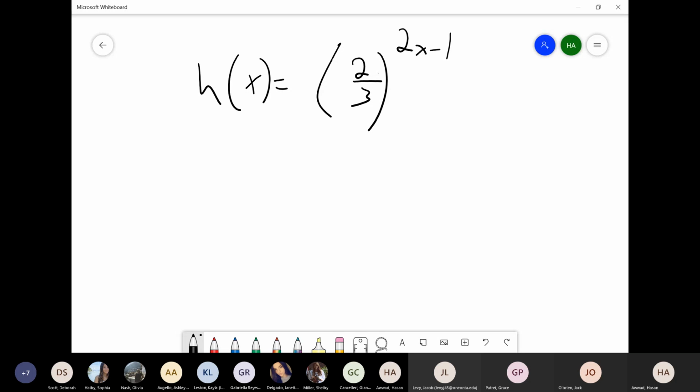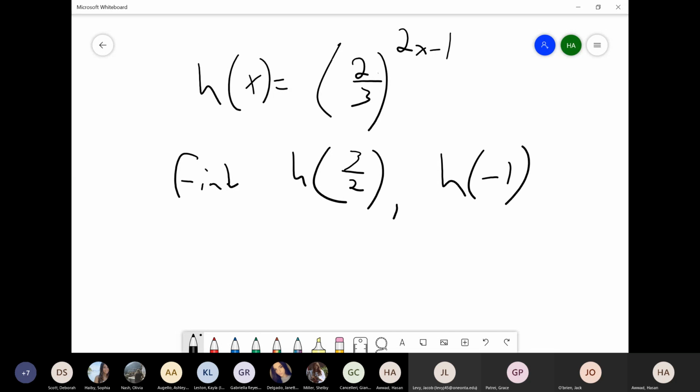So what we have to figure out is we have to evaluate h, or our function, at specific points, or at specific inputs. So we have to find h of 3/2 and also h at -1. Remember, anything that's inside here that I'm underlining in green, these are inputs.